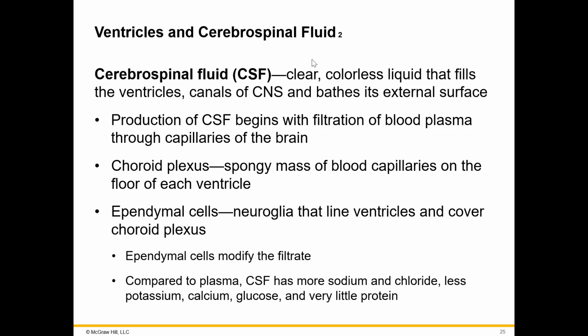So cerebrospinal fluid is a clear, colorless liquid that fills the ventricles, which are canals of the central nervous system, and beneath it bathes the external surface of your brain. So the production of the cerebrospinal fluid begins with, remember, blood plasma.